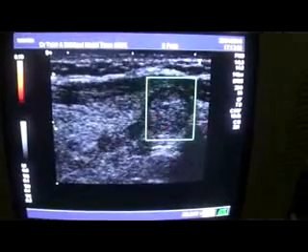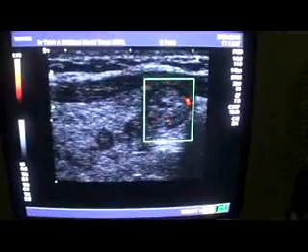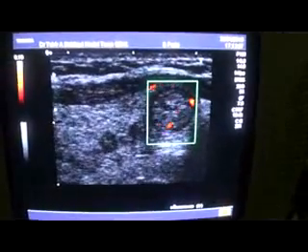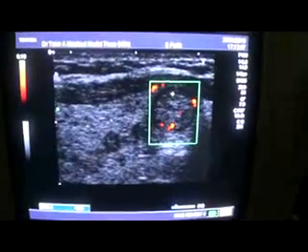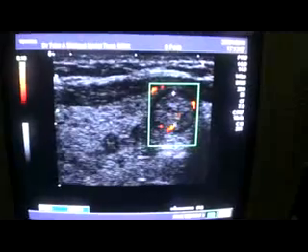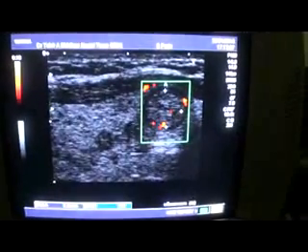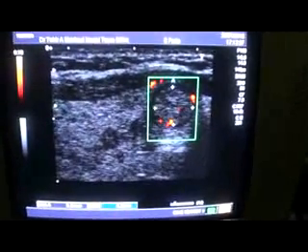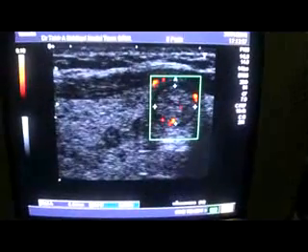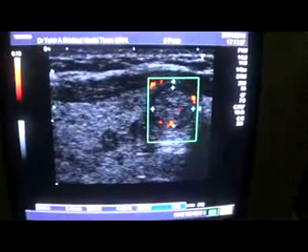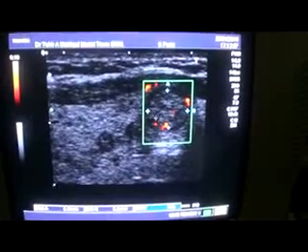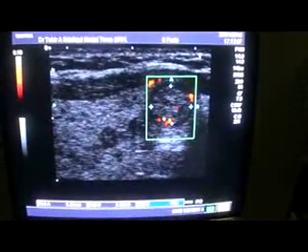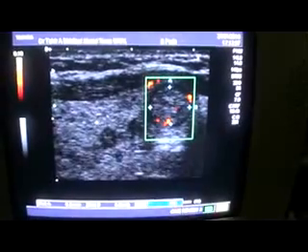Here it comes. It measures approximately 5.5 millimeters by 6.6 millimeters, and you see that there is a halo around this solid echogenic mass.